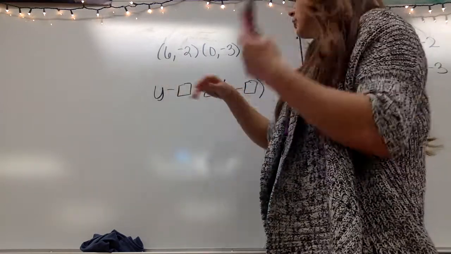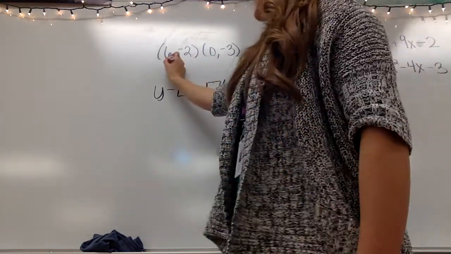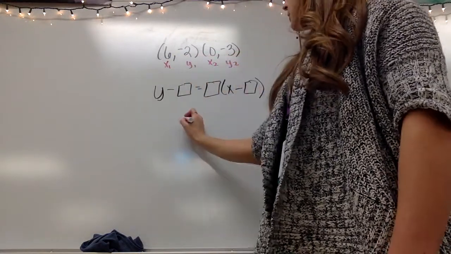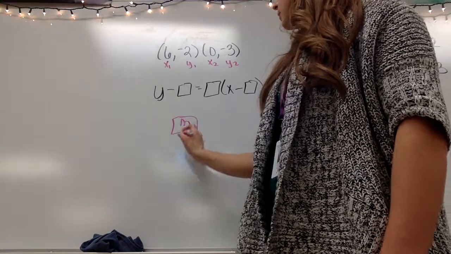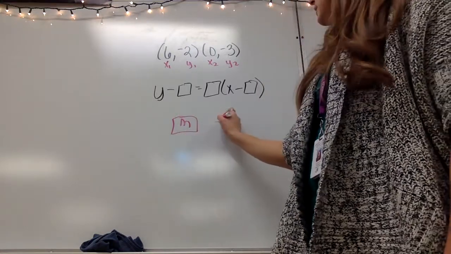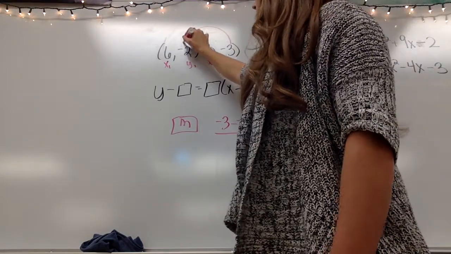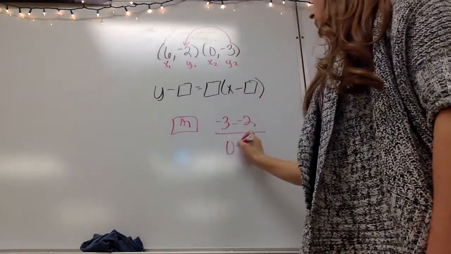So we'll find our slope again: x1, y1, x2, y2. So m is going to be -3 minus -2 over 0 minus 6.